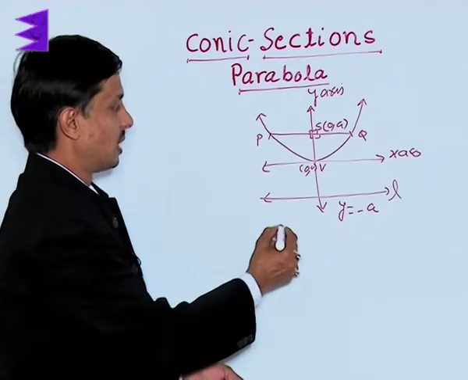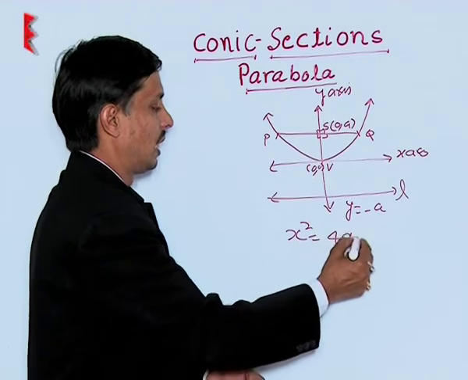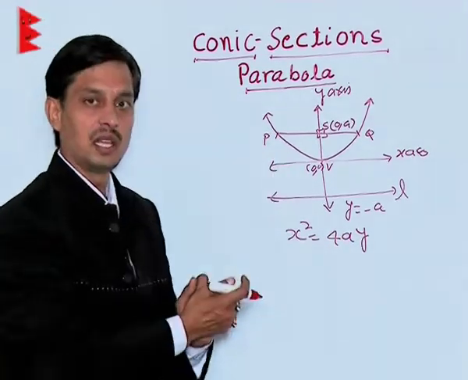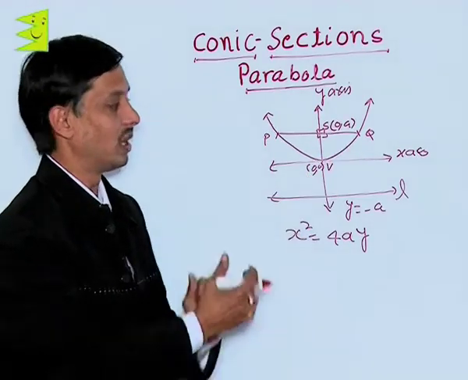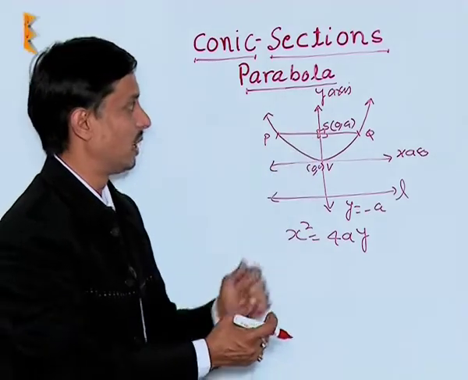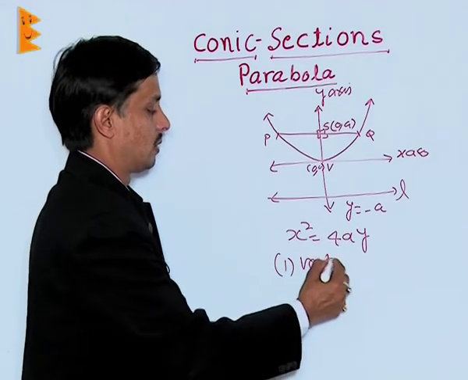Now the information. The equation of this type of parabola is given by x square equals 4ay, because the parabola expands on both sides, positive and negative, along the x-axis. 4a is positive because the focus is on the positive side of the y-axis. First, what is the vertex?